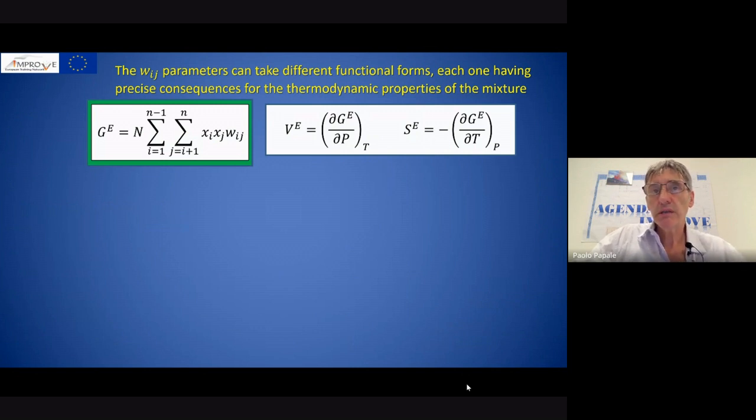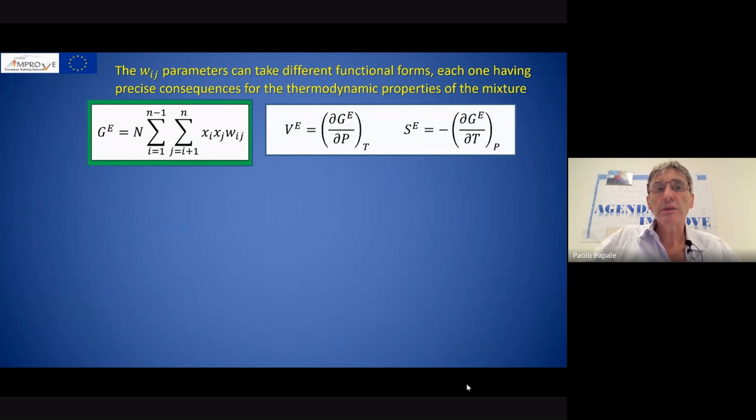In such a case, the excess Gibbs energy does not depend on pressure, and the excess volume of the mixture turns out to be equal to 0. On the contrary, if at least some of the binary interaction parameters depend on pressure, then the pressure partial derivative of the excess Gibbs energy will be non-zero, implying the existence of an excess volume.